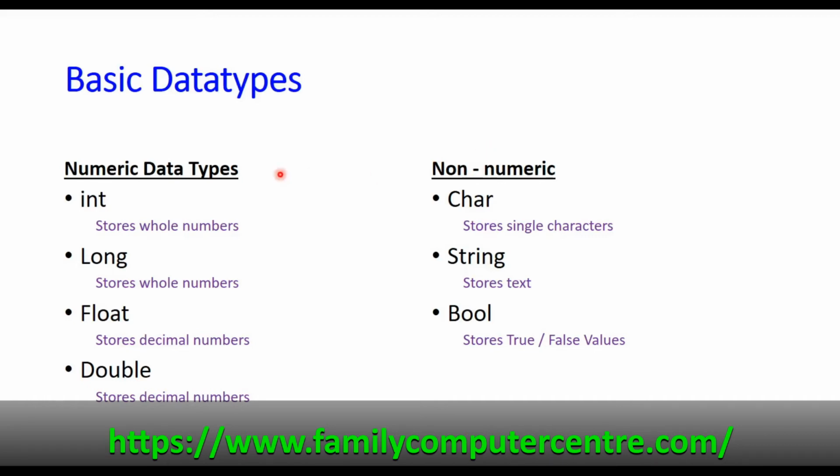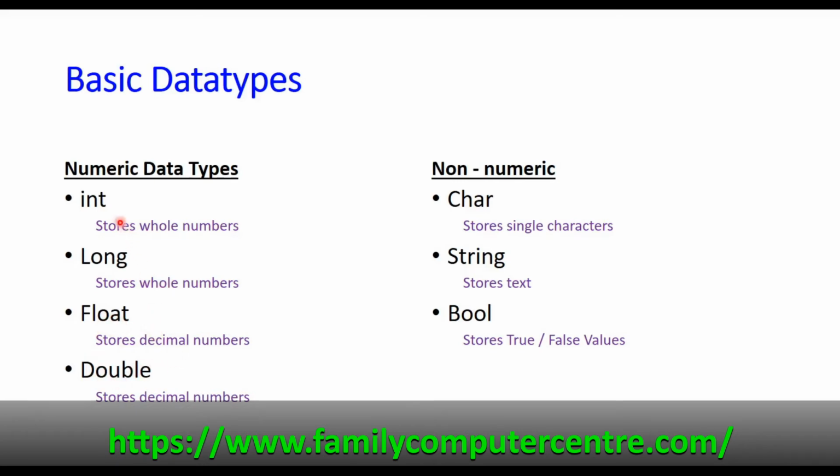Numeric data types are mainly categorized into four different types: int, long, float, and double. Int and long are used for storing whole numbers, and float and double are used for storing decimal numbers.